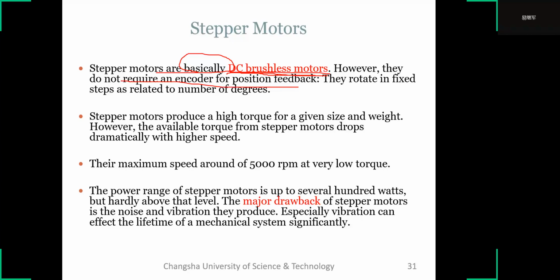They rotate in fixed steps related to a number of degrees. Step motors produce high torque for a given size and weight. However, the available torque drops dramatically at higher speed.